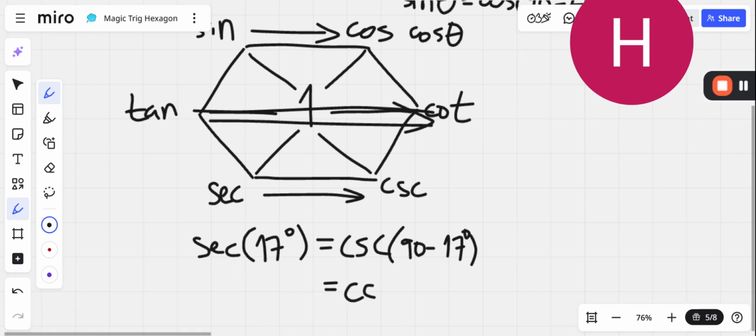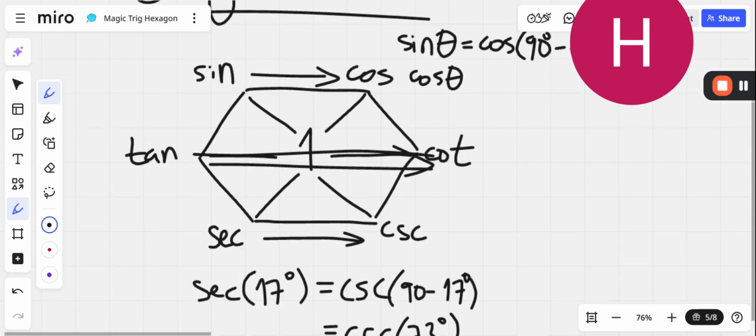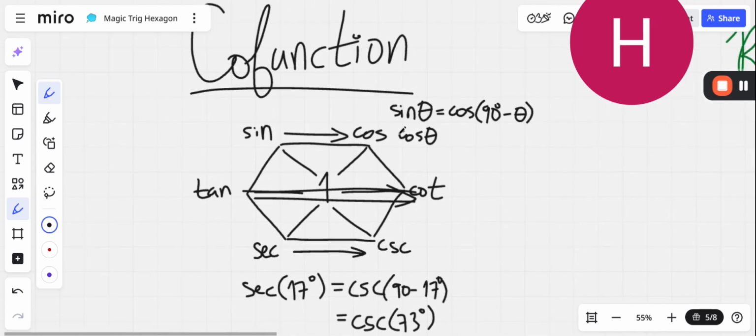So this would be the same as cosecant of 73 degrees, for example. Okay, so with this diagram, make sure that you're putting the correct trig expressions on the correct vertices: sine, cosine, cotan, cosecant, secant, tan.